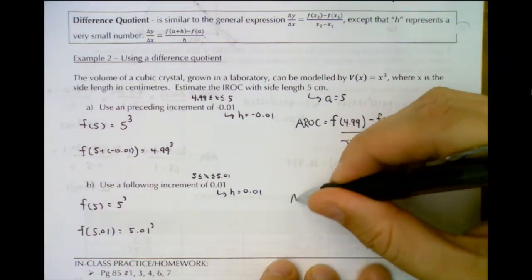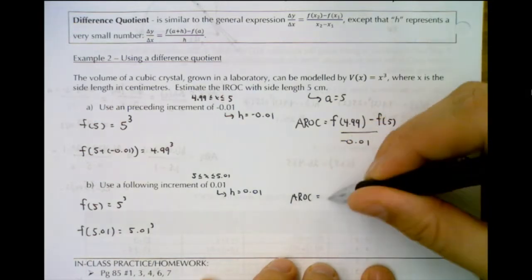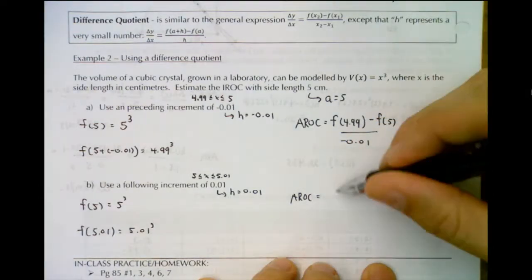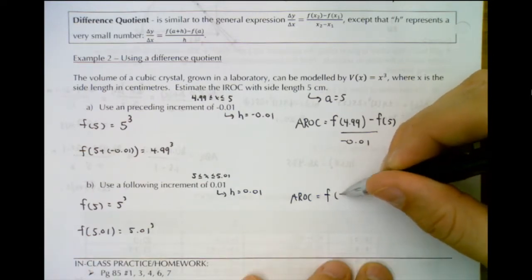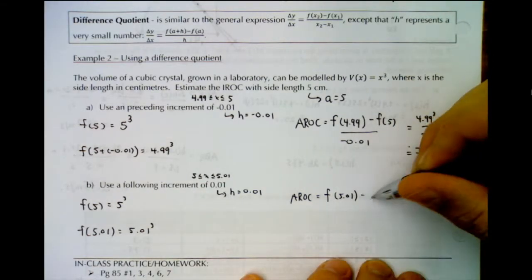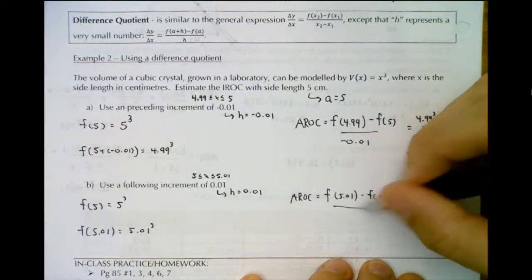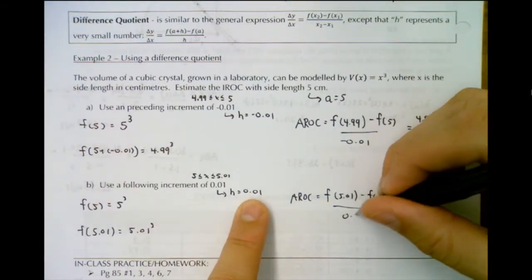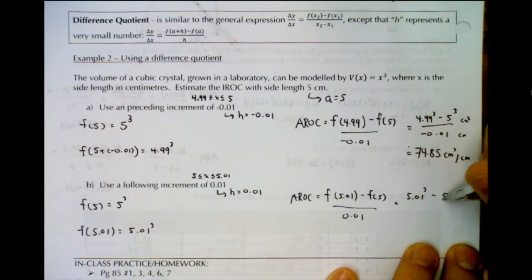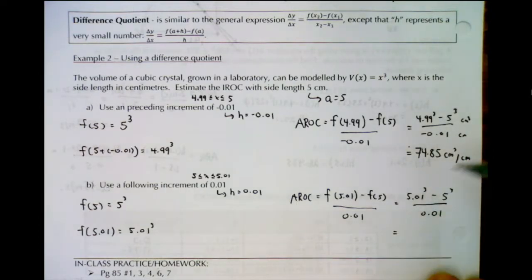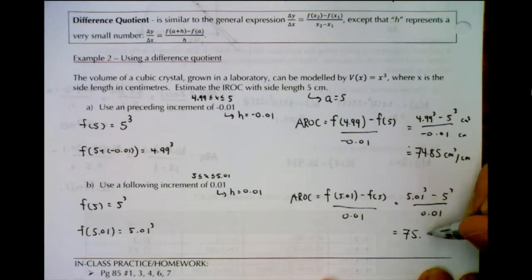Our average rate of change from the right side is just f at a plus h, which is 5.01, minus f at 5, divided by h, which is 0.01. And that again is 5.01 cubed minus 5 cubed divided by 0.01, which if we plug that into our calculator, we get 75.15 centimeters cubed per centimeter.